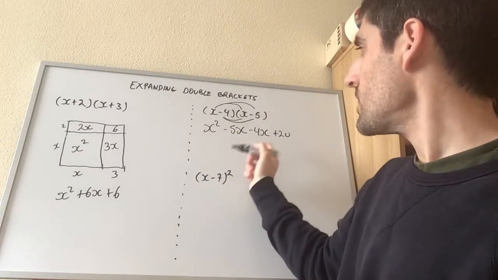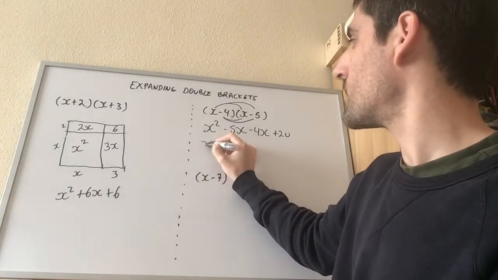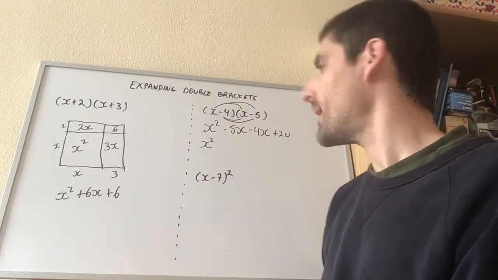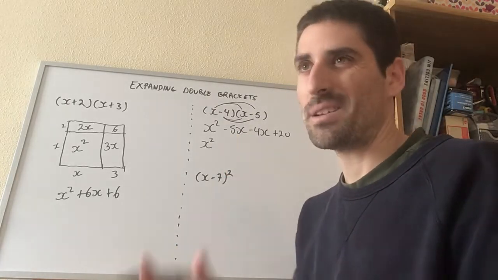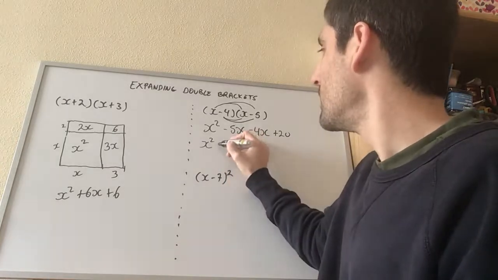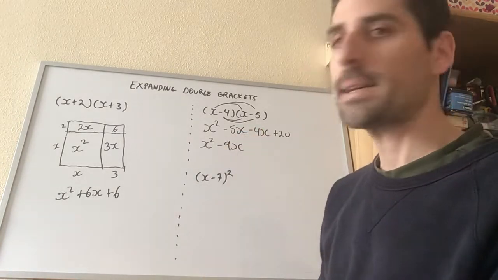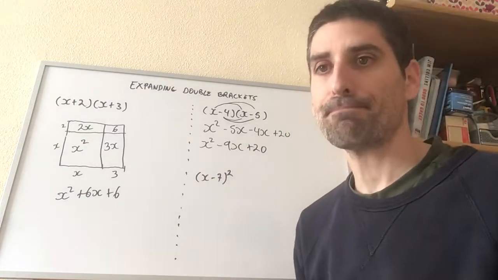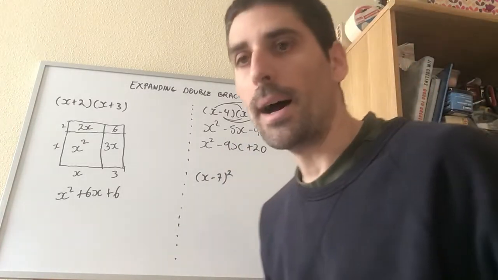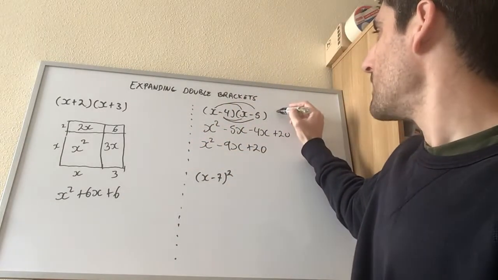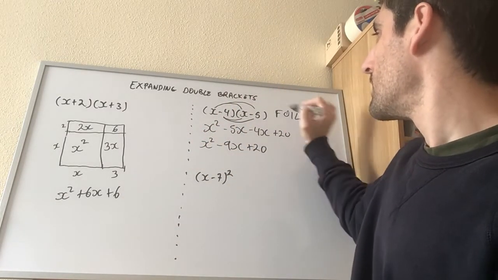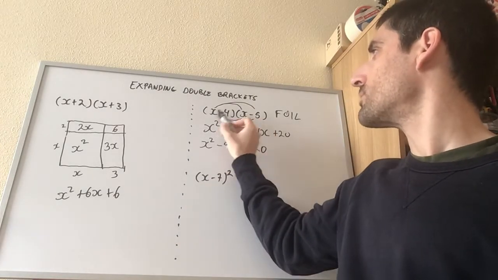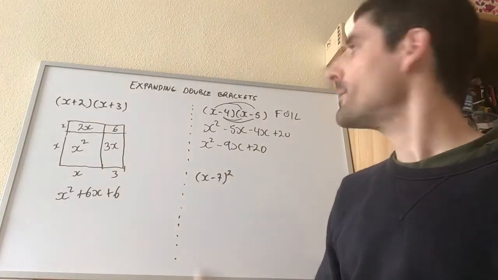Now, I can simplify here. X squared is just x squared. Negative 5x minus 4x. Well, negative 5 take away 4 is negative 9x. And then plus the 20, because with the 20, there's nothing I can do. This method here, some people call it the FOIL method. FOIL because first you multiply the first two terms in each bracket.